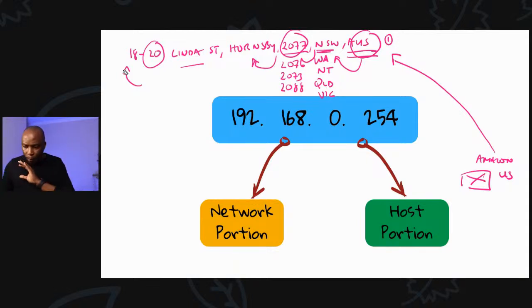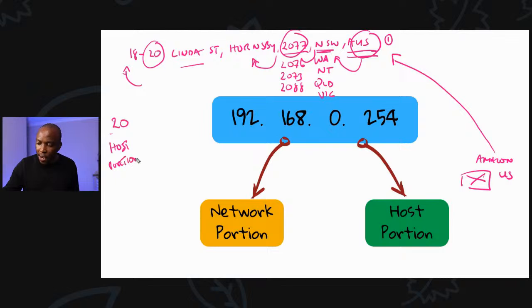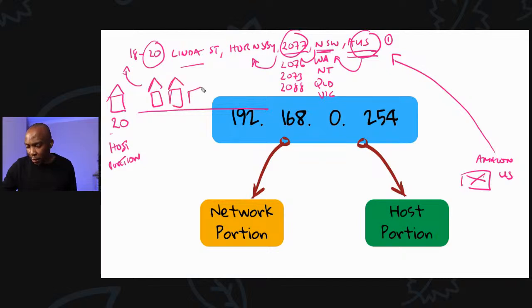And coming back to our example, number 20 is the host portion of my address. And what do I mean? Number 20 is the house number. Linda is the street. So on Linda Street, there is more than one house.